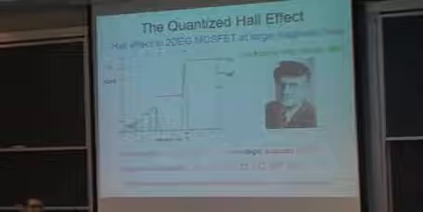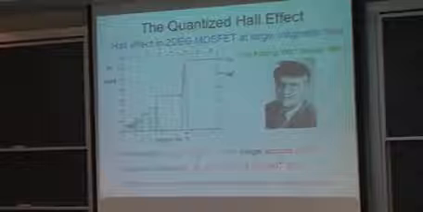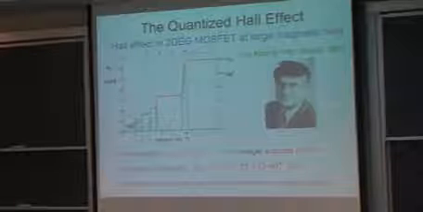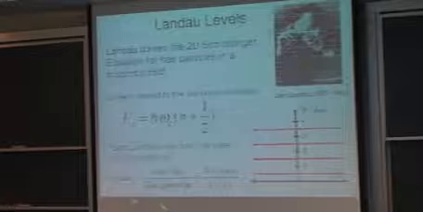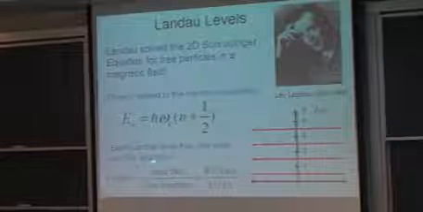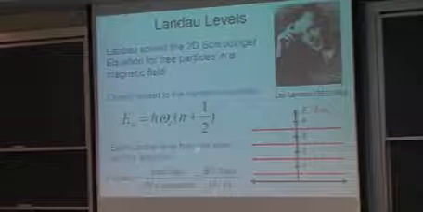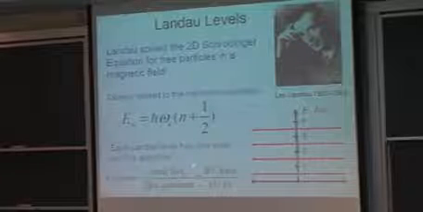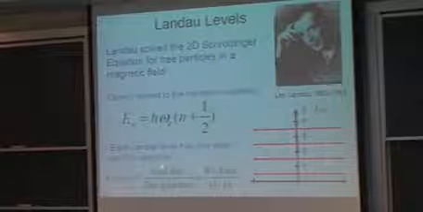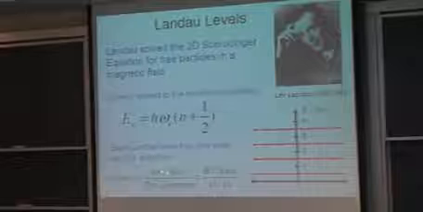And now, in order to explain this result, we will need quantum mechanics, and quantum mechanics of electrons in a magnetic field. The problem of electrons in a magnetic field was solved by Landau. It's a standard problem in quantum mechanics.